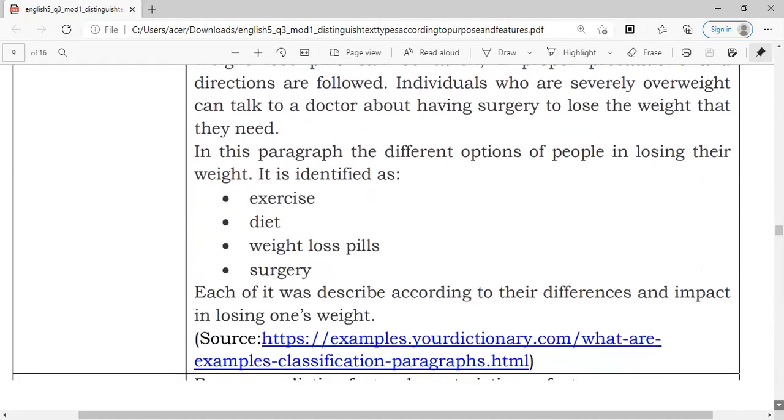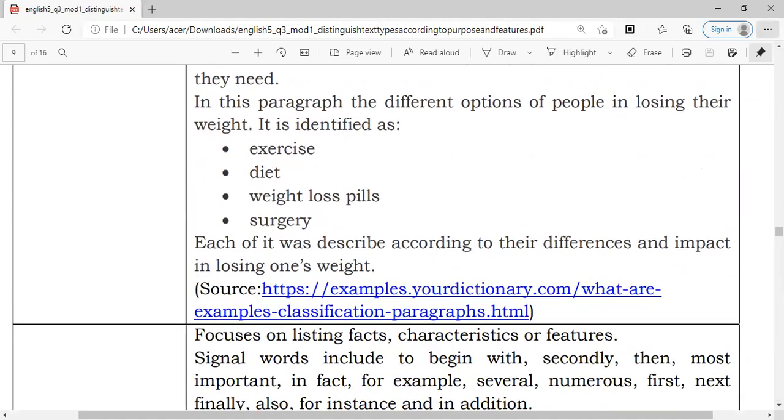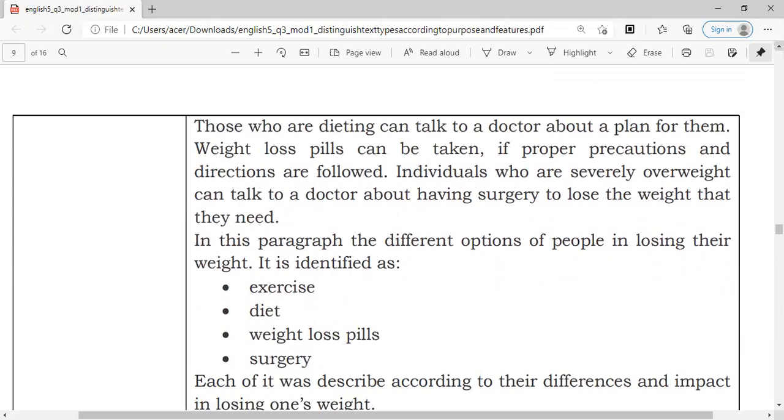Let's have some more of this example. Those who are dieting can talk to a doctor about a plan for them. Weight loss pills can be taken if proper precautions and directions are followed. Individuals who are severely overweight can talk to a doctor about having surgery to lose the weight that they need.